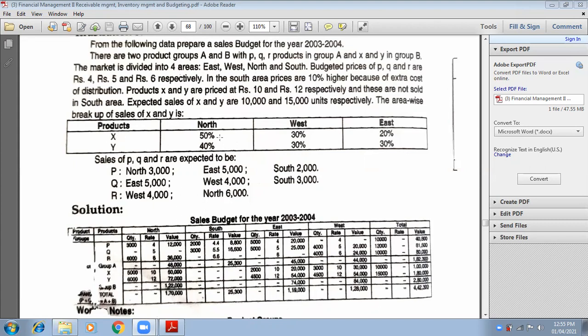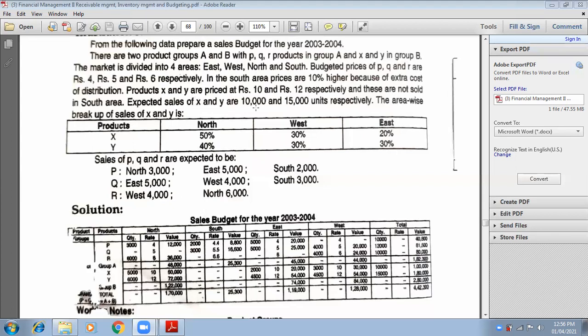Now X is sold 50% in north, 30% in west, and 20% in east. But 50%, 30% and 20% of what? It is given, no? See, expected sales of X and Y are 10,000 and 15,000 units respectively. So of X, it is 10,000 units.